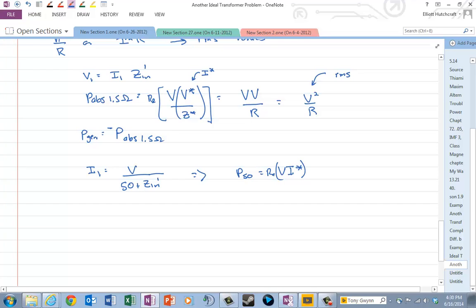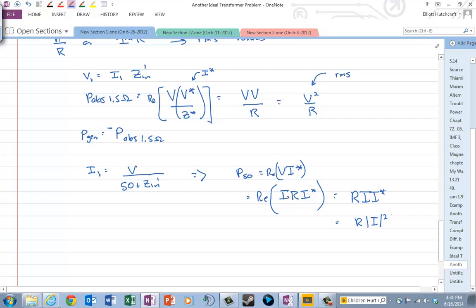But if I want to change V to be equal to IR, then this is IR I conjugate, and I need to take the real part of it. And so this is R I conjugate, and that would be R magnitude of I squared.